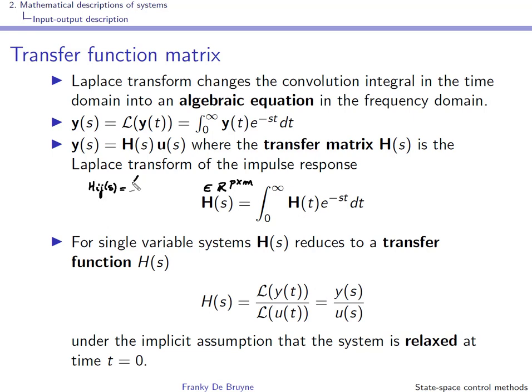So it's the Laplace transform of yi of t over the Laplace transform of uj of t. Okay, so this transfer function here, which is an entry of the transfer matrix, describes the relation between the input uj and the output yi.